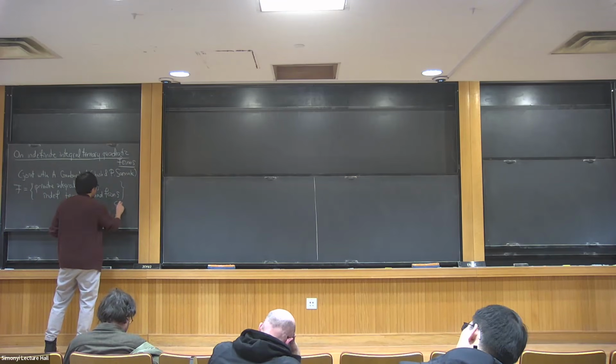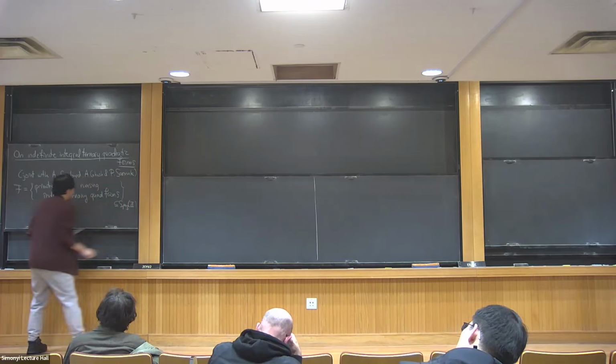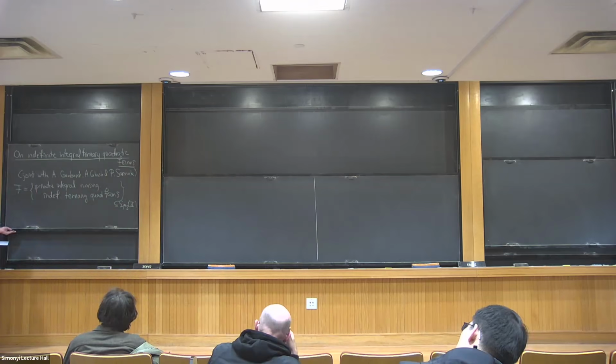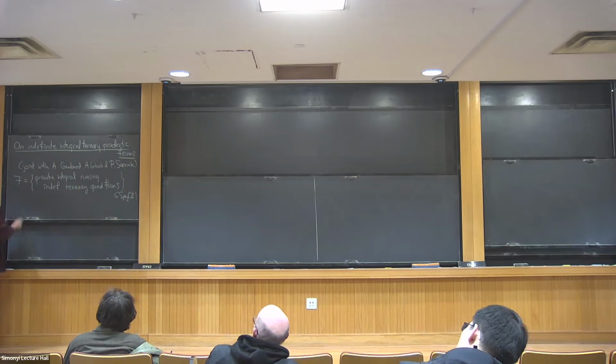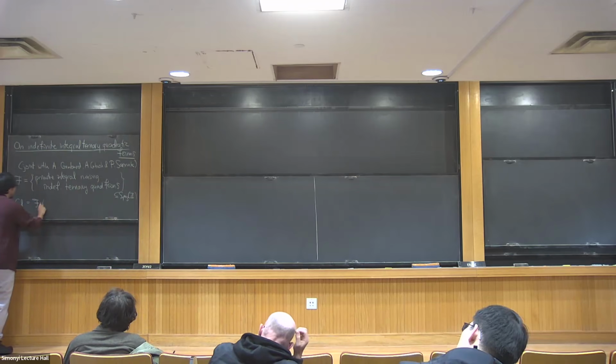So I might as well identify this with a subset of the 3x3 symmetric matrices. And there's a natural action of GL3(Z) on F by a linear change of basis, and I'll call L the set of orbits.